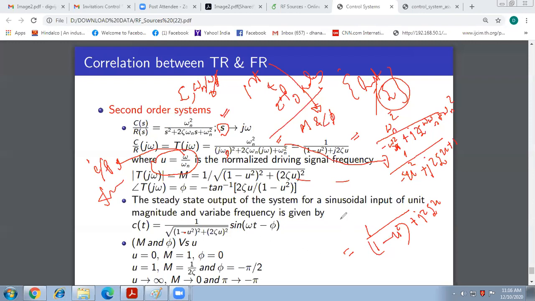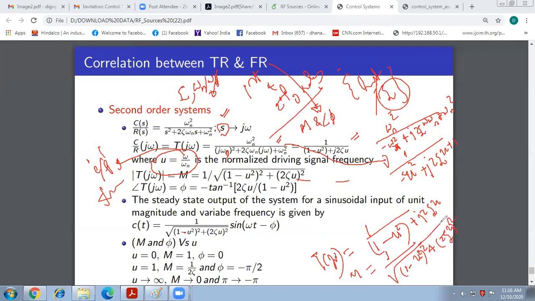So my sinusoidal transfer function has now become something like this, T of j omega. Now I can very easily find out m and angle phi. What will be m here? M will be 1 by the square root of a square, where a is 1 minus u square, its whole square, plus b square, where b is 2 zeta u, its whole square.